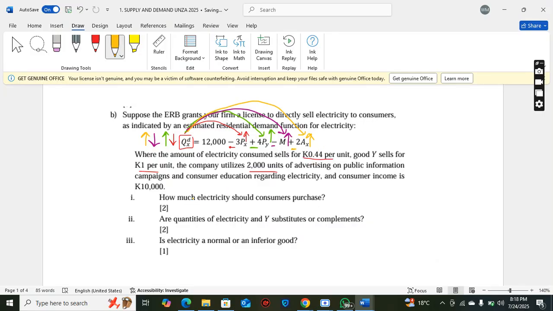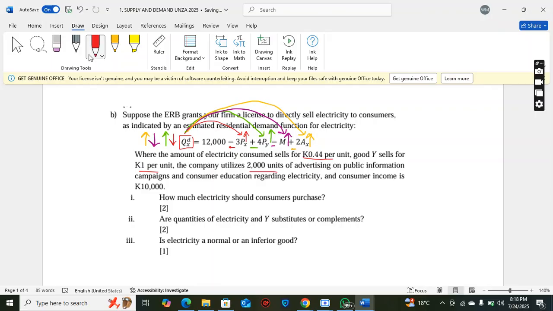Any other questions before we answer the question now? Okay. So now they're asking how much electricity should the consumer purchase?